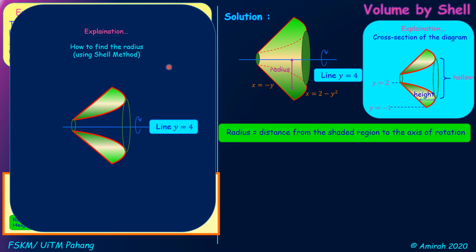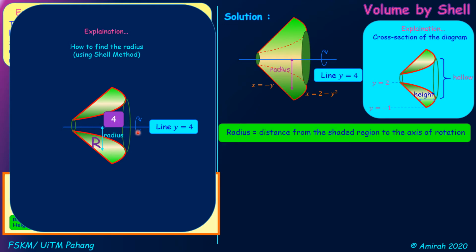Alright, to find the radius using the shell method, after rotation we have this diagram, and now the shaded region is rotated about the line y equals 4. This is our original shaded region, and this is the radius, the distance between the shaded region and the axis of rotation.